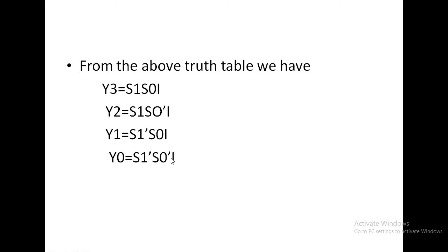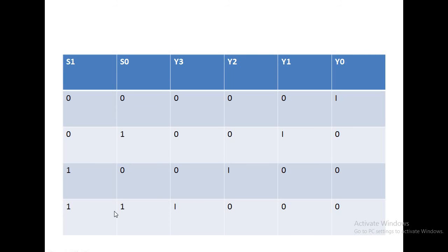In this way, you can derive the different expressions. If the values are 1, then same; if 0, then complement. Y3 means S1 S0 I. Y2 means S1 S0 complement I. Y1 means S1 complement S0 I. And Y0 means both are 0, so S1 complement, S0 complement, I.